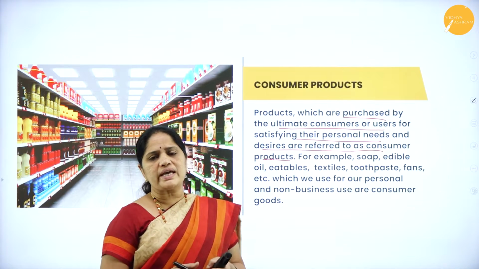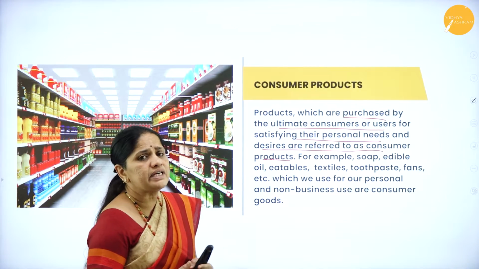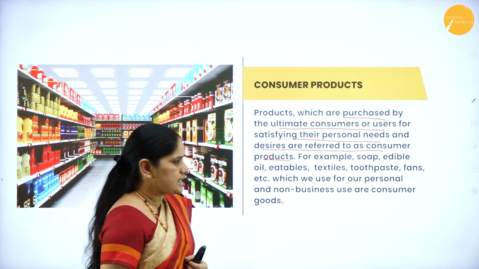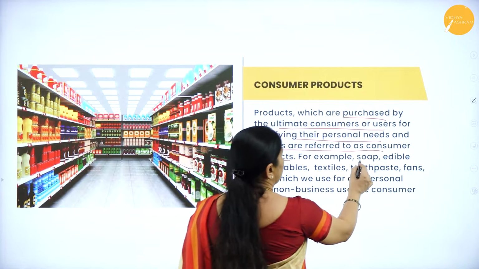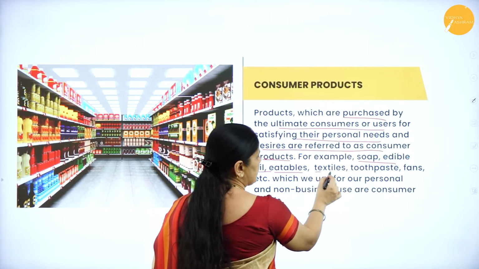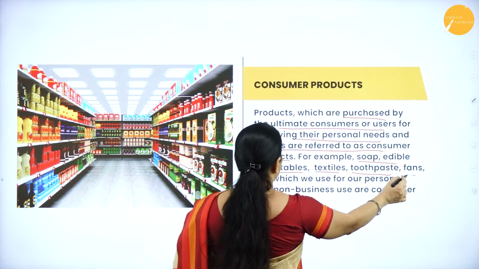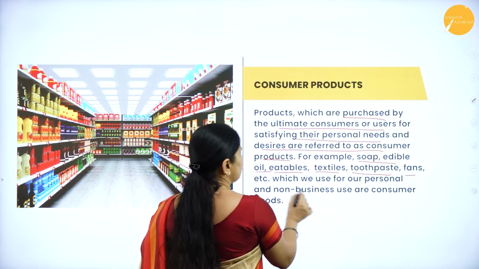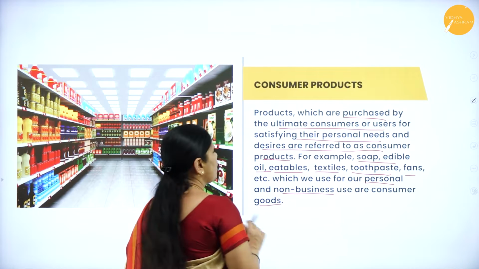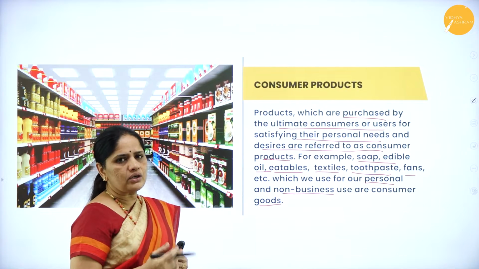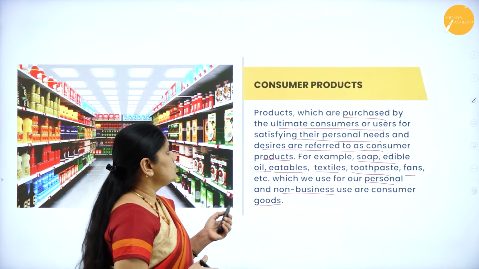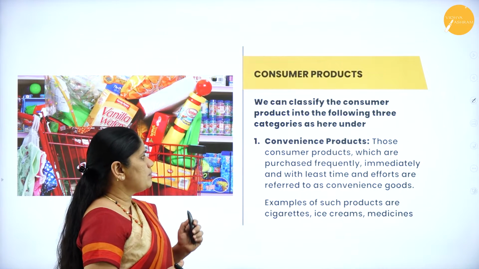For example, soap, edible oil which we use for cooking, eatables, textiles, toothpaste, fans, etc., which we use for our personal and non-business use, are all called consumer goods. Anything we use for our personal consumption is a consumer product.